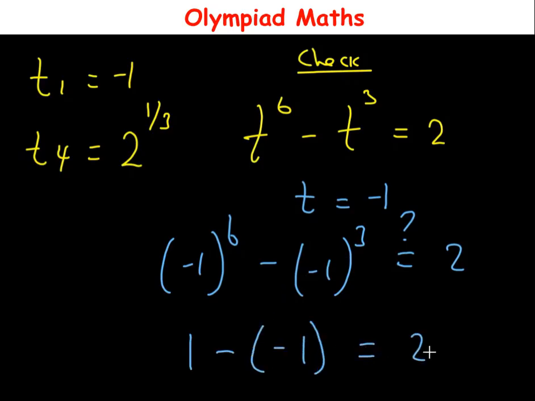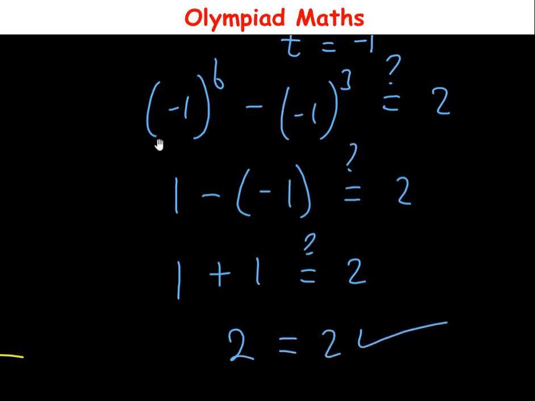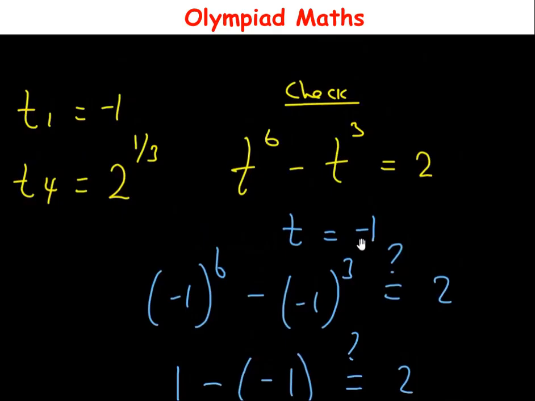From here, minus times minus is plus, so 1 plus 1 will give us 2. 1 plus 1 is 2, and this equals 2. So obviously, the solution that we got for t1 as minus 1 is the correct solution.